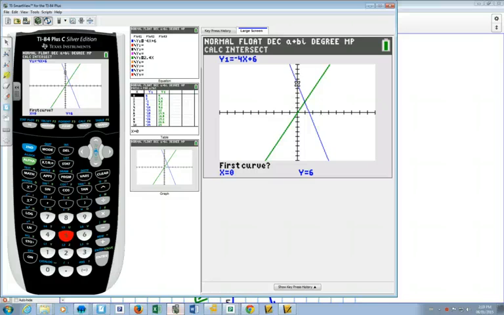It'll ask, are you on your first curve? You push enter. Are you on your second curve? It automatically goes to the second one. You push enter. It asks you to guess. You just push enter again, and it will always find where they intersect at 0.9375 and 2.25.